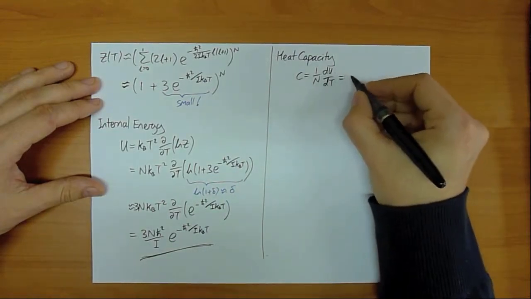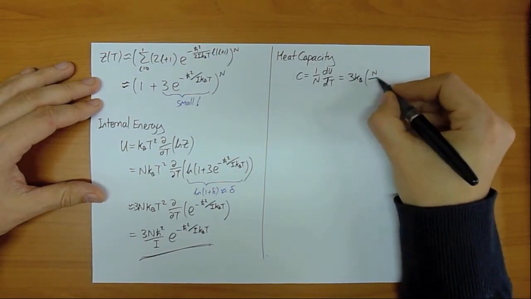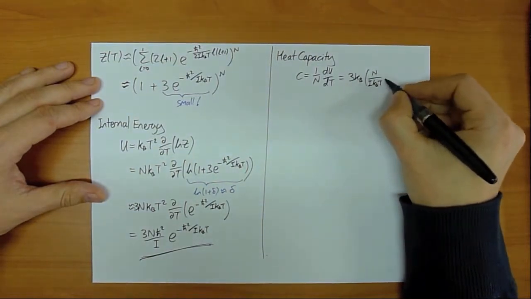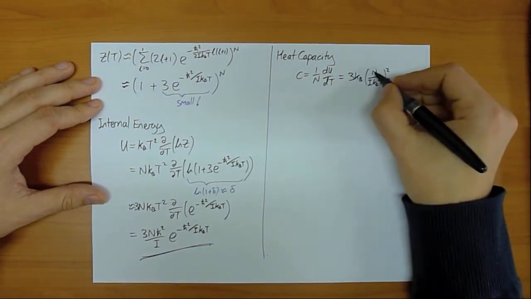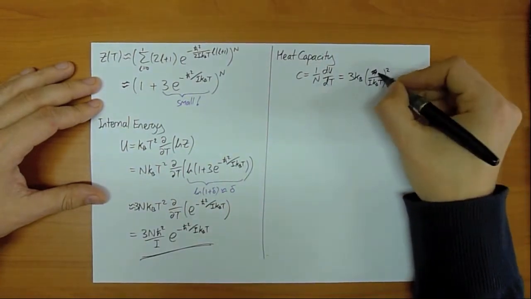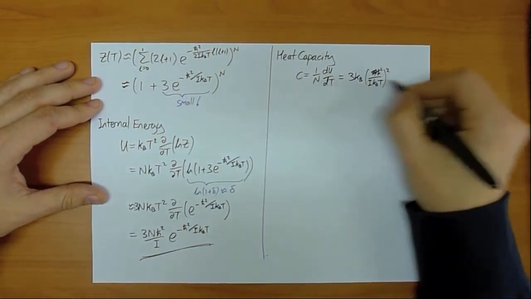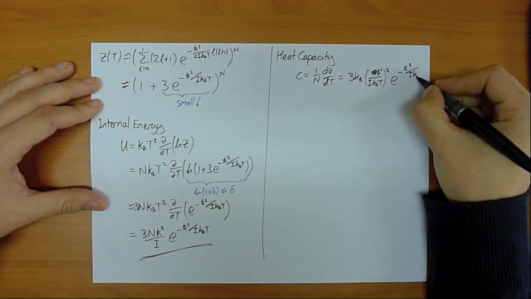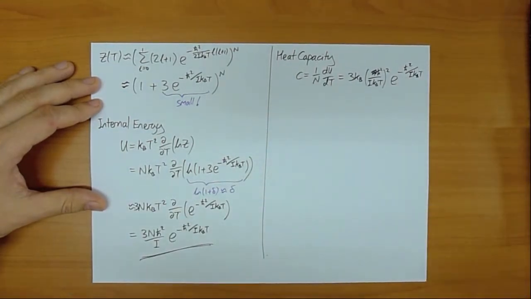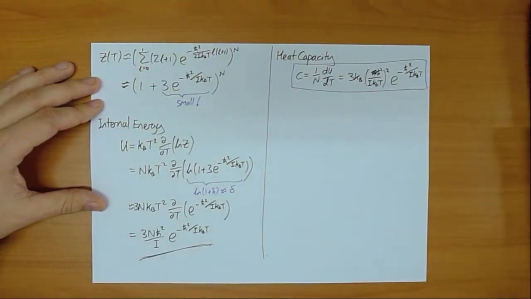So I can write this as 3kB times ħ squared over I kB T, all squared, times the exponential, e to the minus ħ squared over I kB T. So this is our formula for the heat capacity in the low temperature limit.